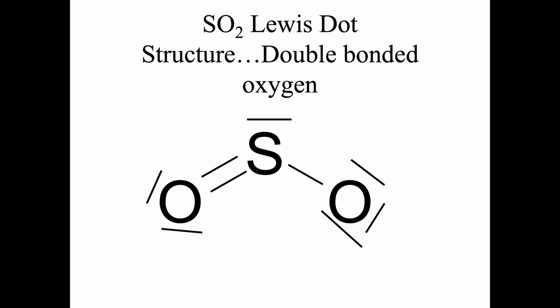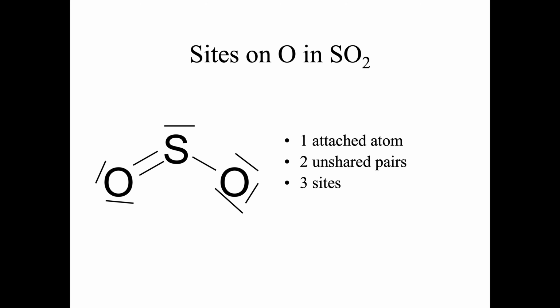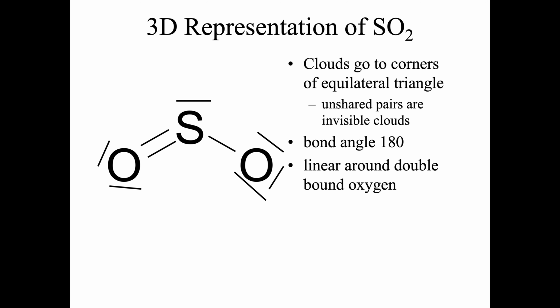All right, now we're going to look at this oxygen here. So this oxygen has 1 attached atom and 2 unshared pairs. All right, that means that there's a total of 3 sites. So here's my triangle, right? 1 corner, 2 corner, 3 corner. Clouds are trigonal planar.